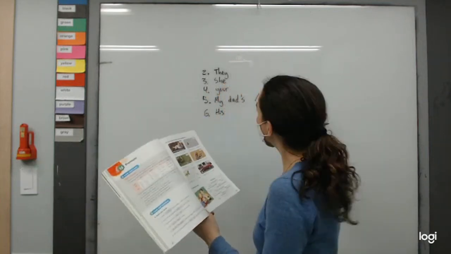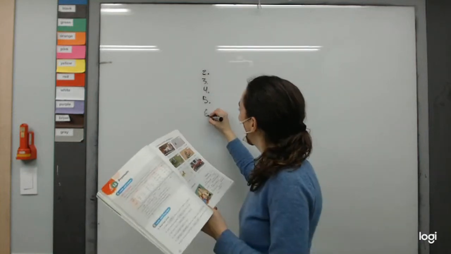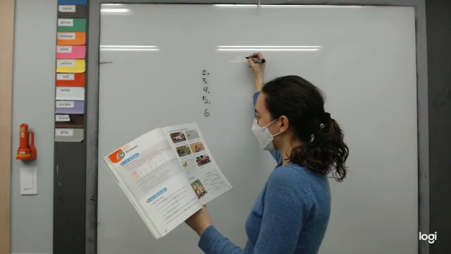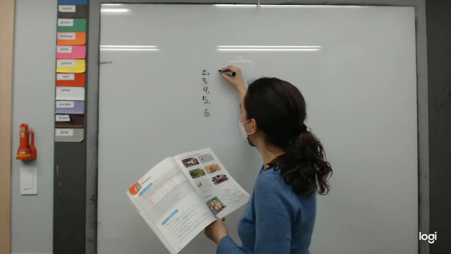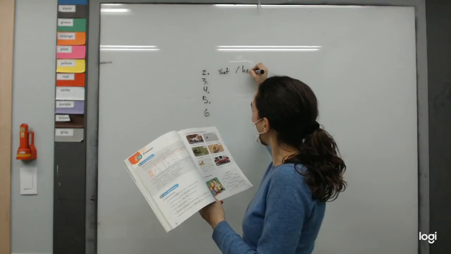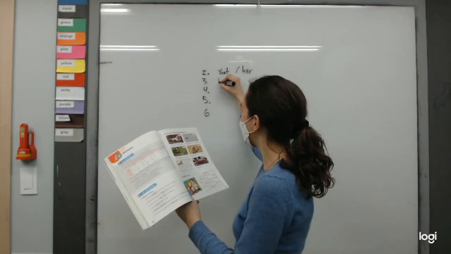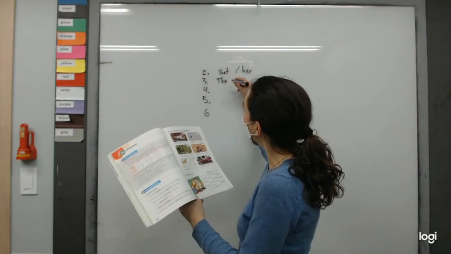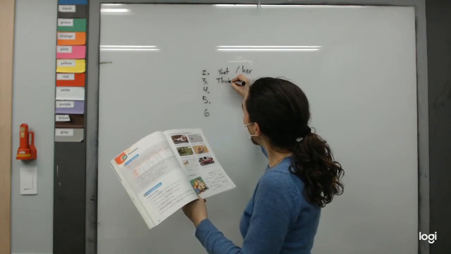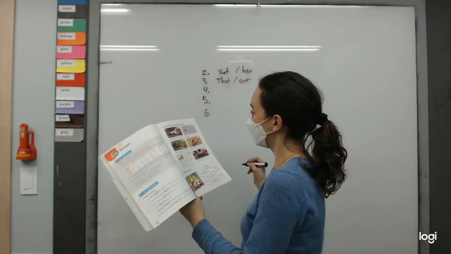I will erase. That, because far, is her backpack. Number 3, that, because 1, those is many. That is our house.